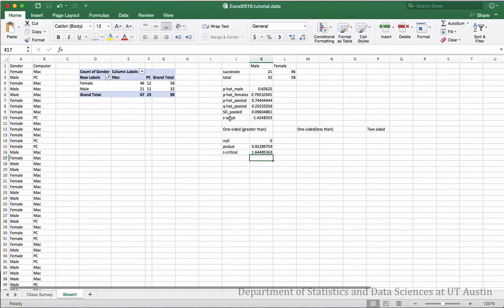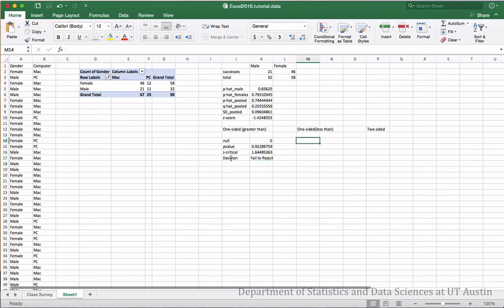Notice that our z-score of negative 1.42 does not exceed our z-critical of 1.645. So our decision for this one-sided greater than alternative would be fail to reject, meaning that there is no evidence of a difference in proportion of Mac users of males versus females.